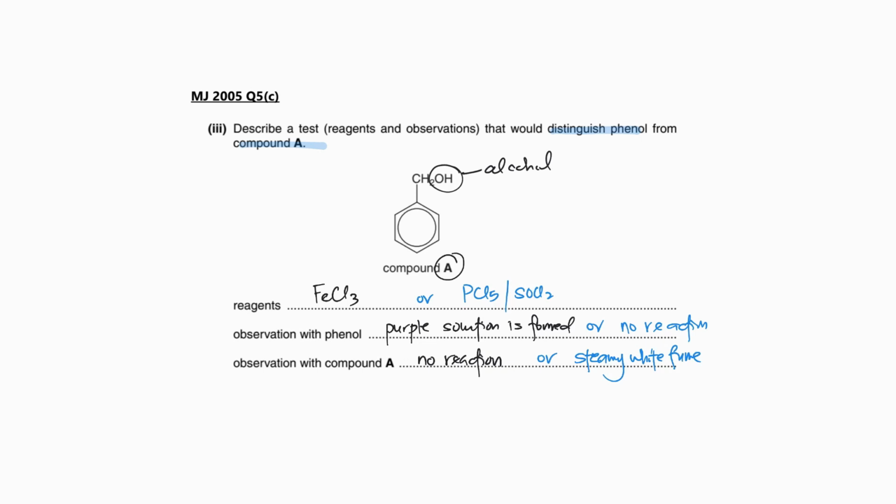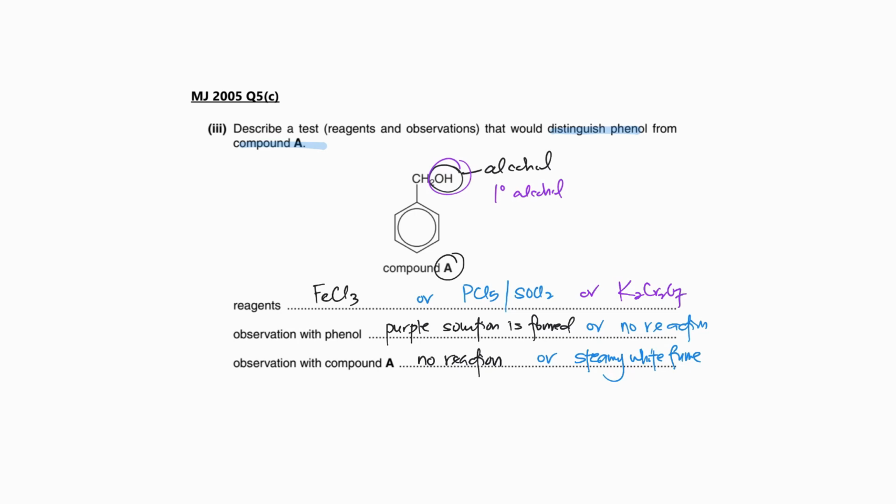Besides these two reagents, we could make use of an oxidizing agent, because this alcohol is a primary alcohol. We can use K2Cr2O7, potassium dichromate.